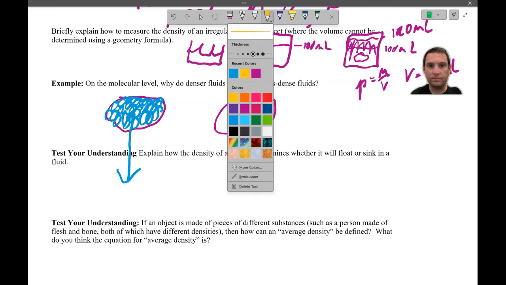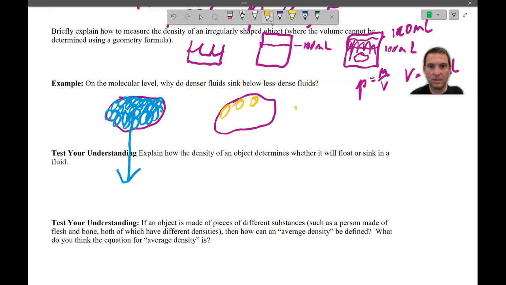Meanwhile, with the oil, if it's less dense, you don't have as many collective particles to have this same downward pull. So the thing with the more downward pull is going to sink to the bottom. In this case, the water will, and the oil doesn't rise, it just doesn't sink.